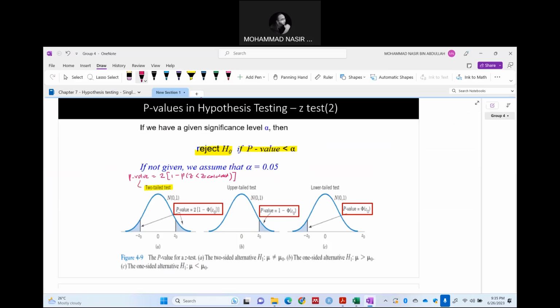For a one-tail test, there will be two methods. For the upper tail, or if the rejection area is to the right, the p-value is equal to 1 minus the probability of z less than z calculated. We should take a positive value only for this one.